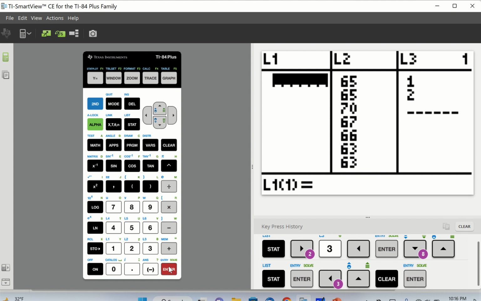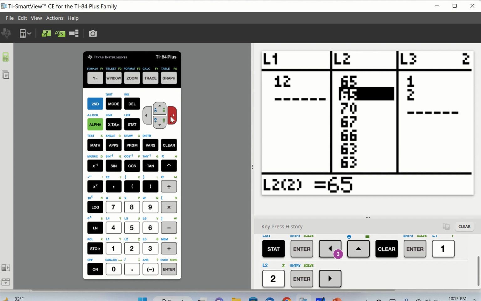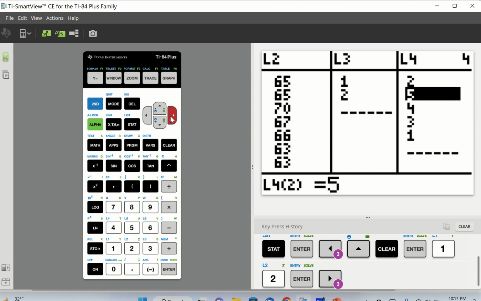Then you would enter the data by typing in the values and hitting enter each time. You could enter sample data 1 in L1, sample data 2 in L2, and if frequencies are given, in L3, and then to the right in L4 for the frequency list of the second sample data.